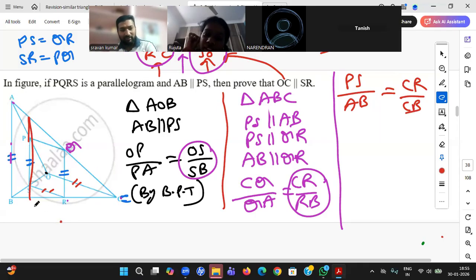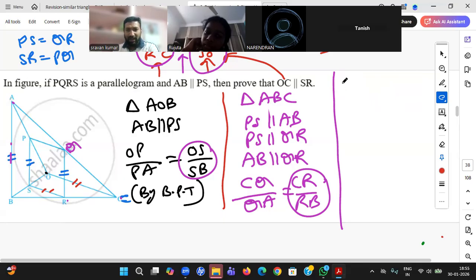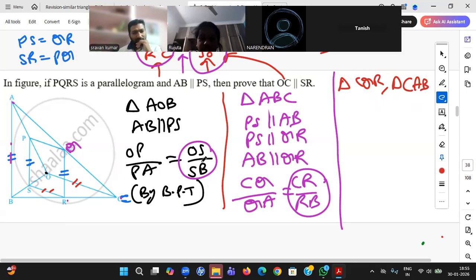I took triangle CQR and CAB. Okay, one second. I'll write the triangles' names, otherwise I'll also get confused. You took triangle CQR and CAB. CQR is the small triangle and CAB is the big triangle. They are similar by AAA. So by BPT it will be QR by AB is equal to CR by CB.